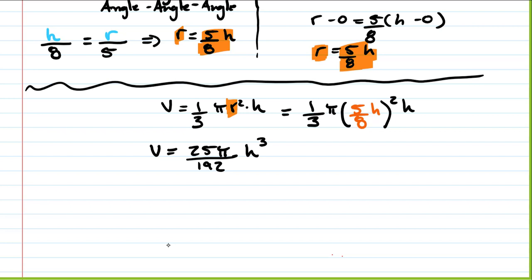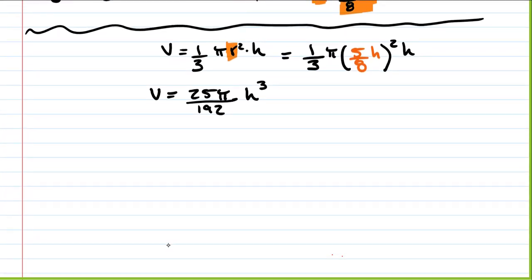So by using that relationship between the variables, our volume is now expressed only as a function of height. In terms of full disclosure, you could have used the chain rule on the original formula, taken the derivative on this, and then you would have had to use the product rule as well, and substituted everything in. It's a much longer process, but it does work.